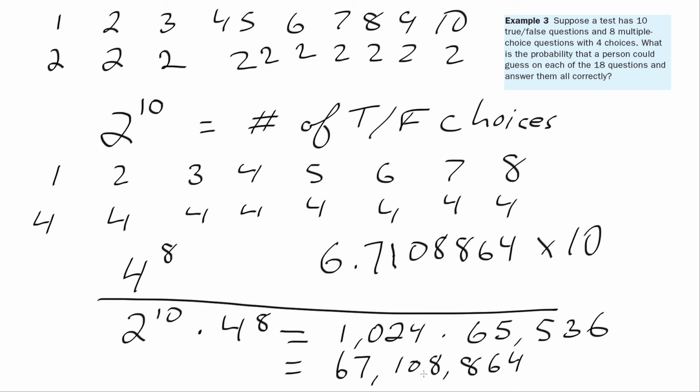So 6.7108864 times 10 to the 7th power is how we write that in scientific notation.